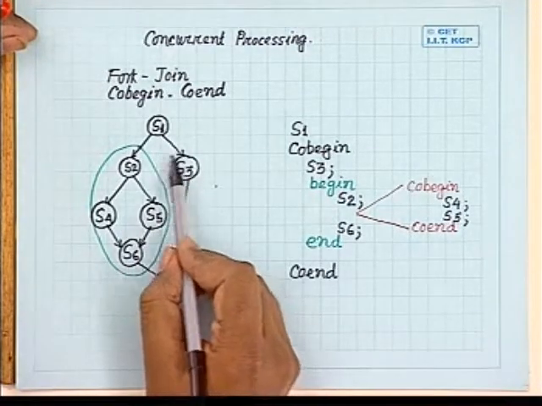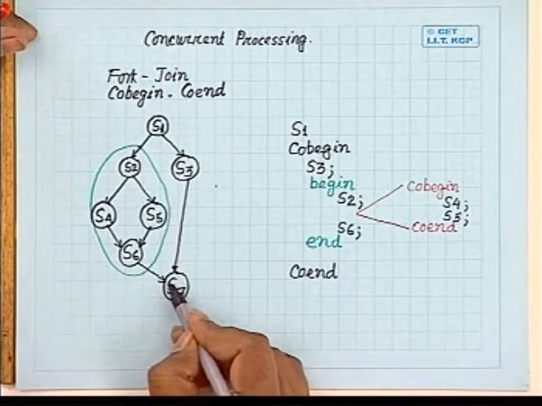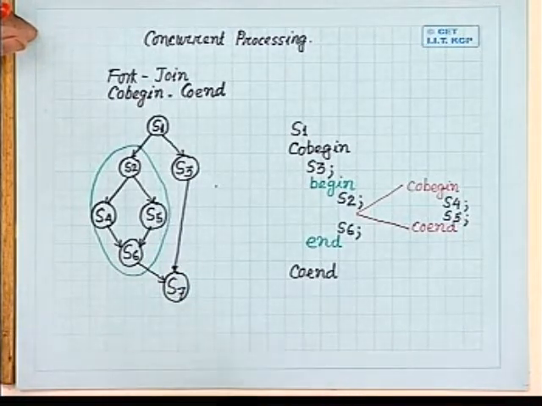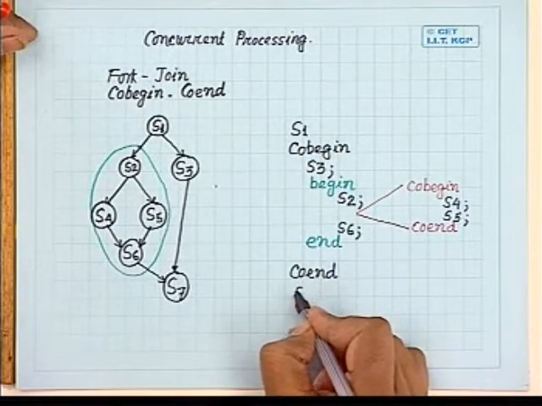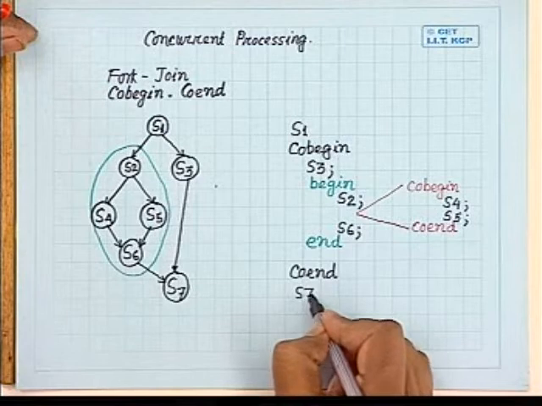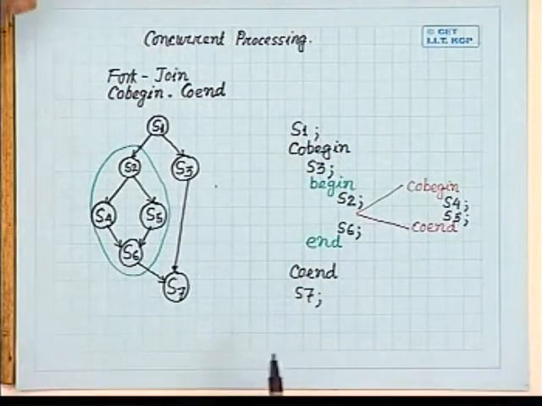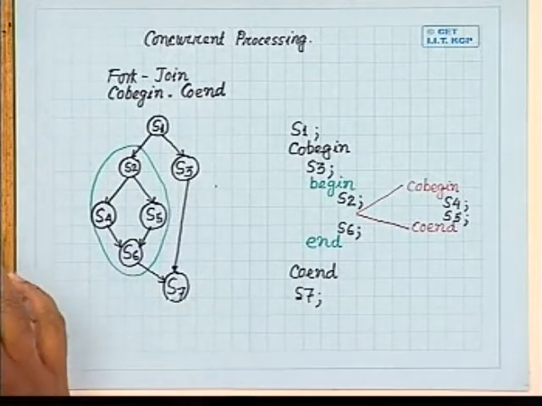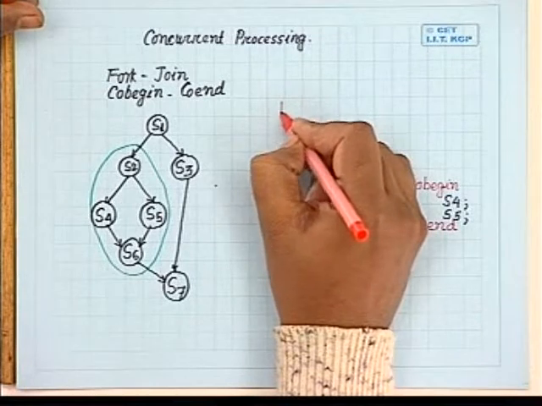After these processes complete, the last statement has to be executed by the parent process of all of them, and that will execute statement S7. And this whole thing I can put under the begin end construct.